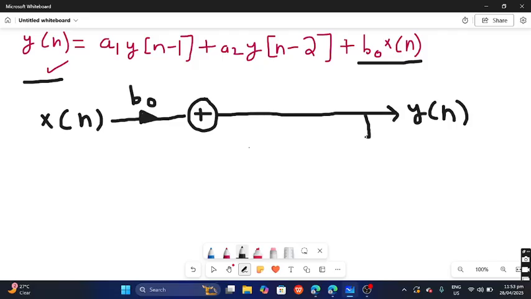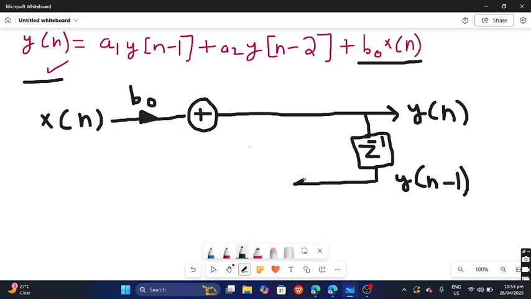Now you can see that there is a first delay, because that delay comes from this, so it becomes y of n minus 1. Then it is multiplied with a1.